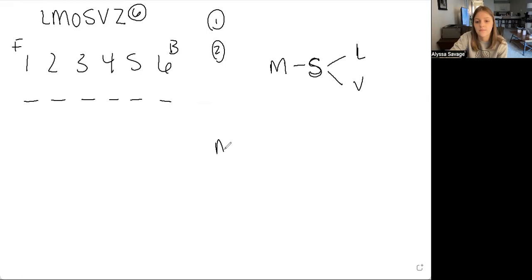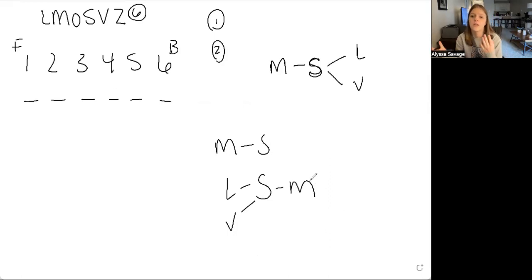If there was something that said L is before S, or L and V are before S, we can't flip it around to fit this. So we wouldn't be able to attach L and V here, or on the other one, attach M there. We can never flip them to make them fit.